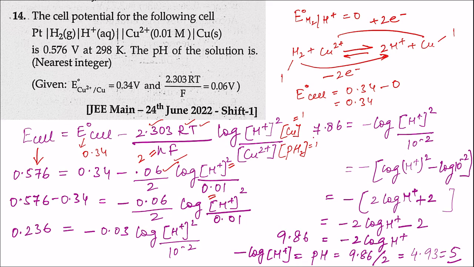Now solving this equation, the final equation is 7.86 is equal to minus log H plus whole square divided by 10 to the power minus 2.